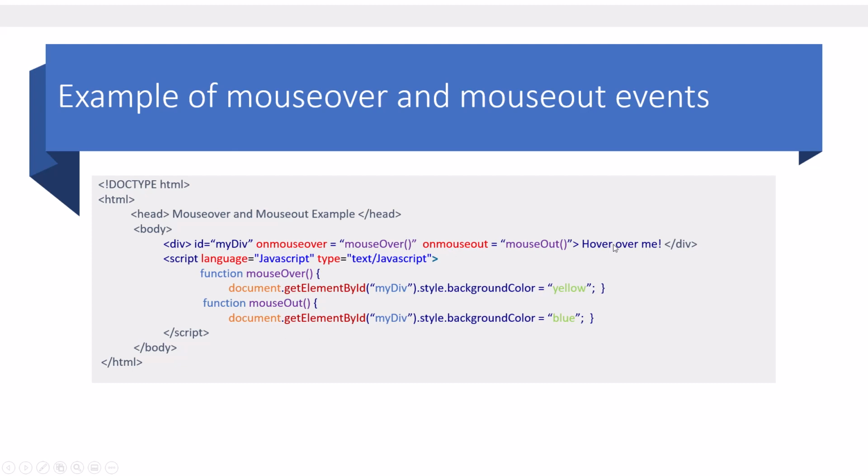So whenever we hover our mouse over that div, which is our 'over me', it will execute this event and go to this mouseOver function, and whenever the mouse goes away from that div, it will trigger this function mouseOut. We will also execute this example.